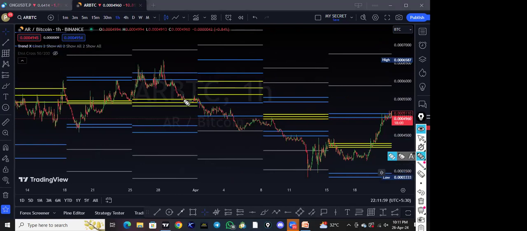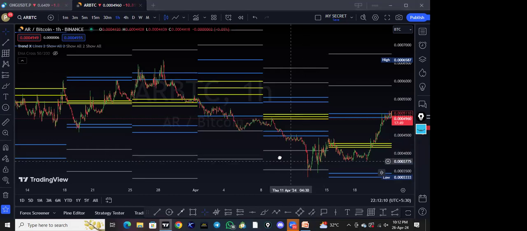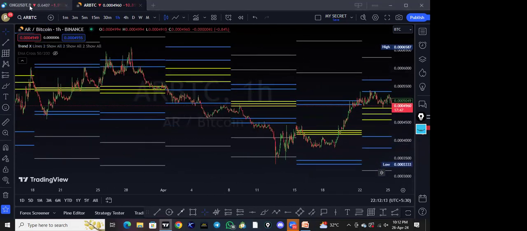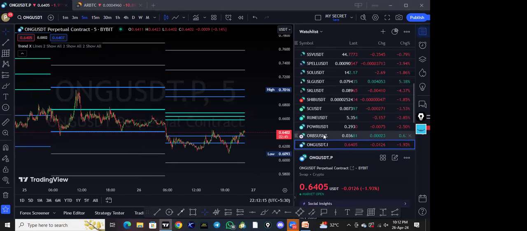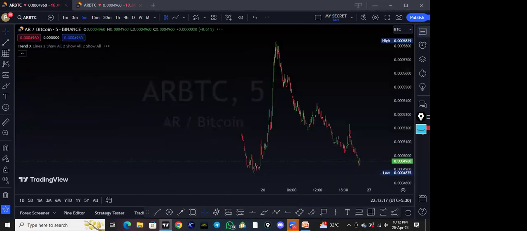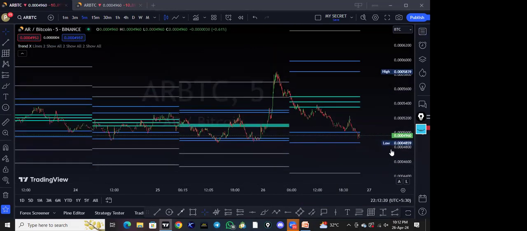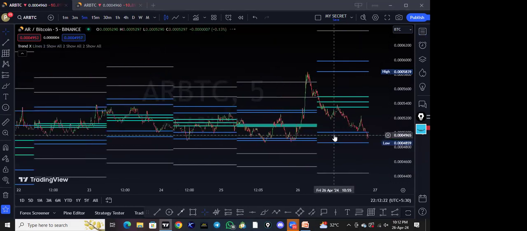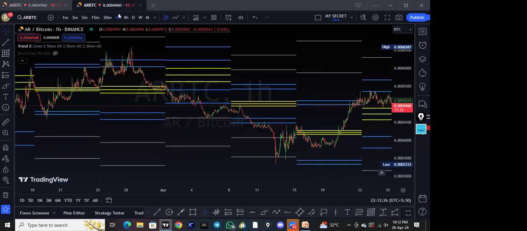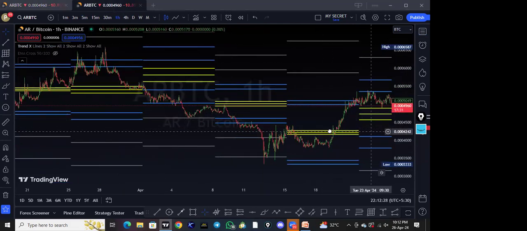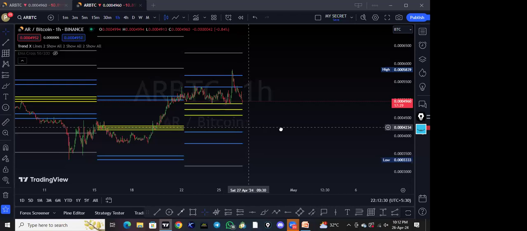When it was below the weekly, we could have gone into BTC, and when it goes above the weekly, maybe we could go into AR, because that would be stronger.